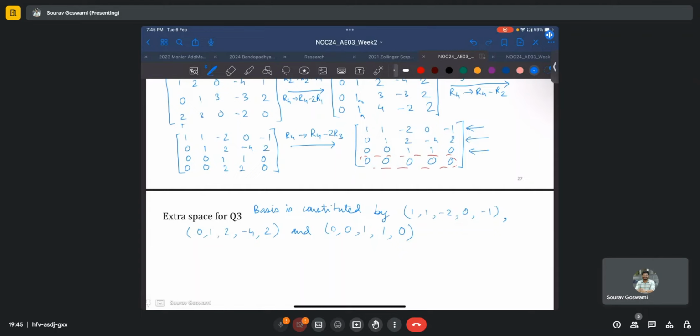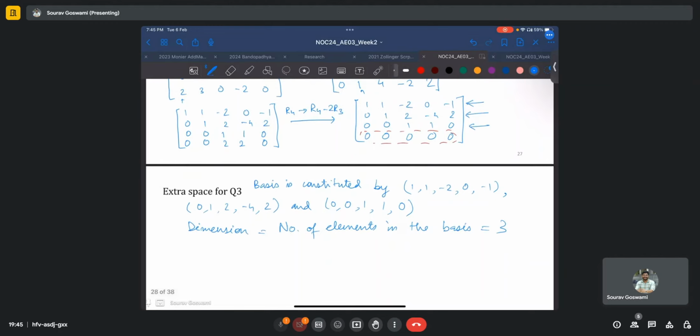So the basis has three elements. What can we say about the dimension? Dimension is simply the number of elements in the basis, which is 3. So the dimension is 3.